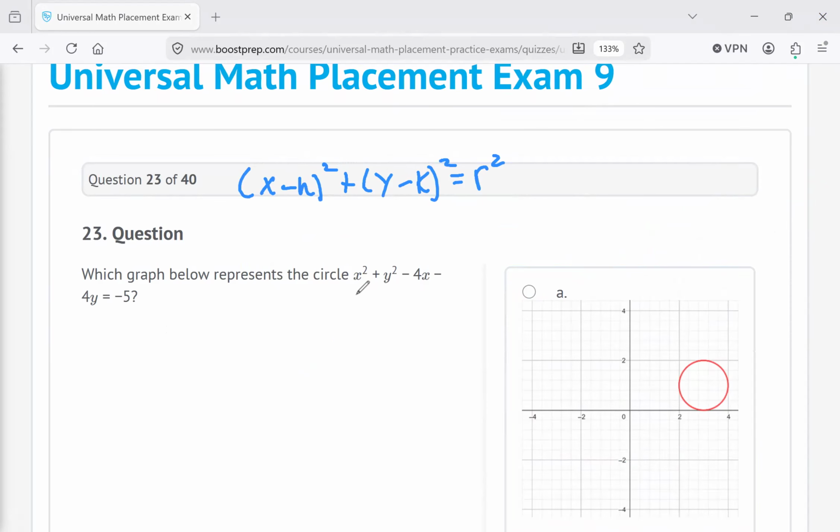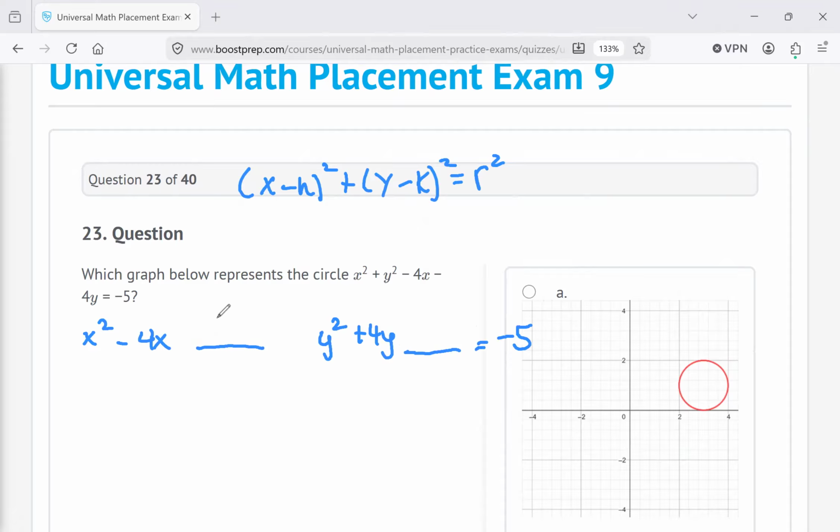So what I first will do is get all the x's on one side. So you have x squared, and then you have -4x, and then you put a little blank space, and do the same thing with the y's. You have y squared plus 4y, blank space, equals -5.